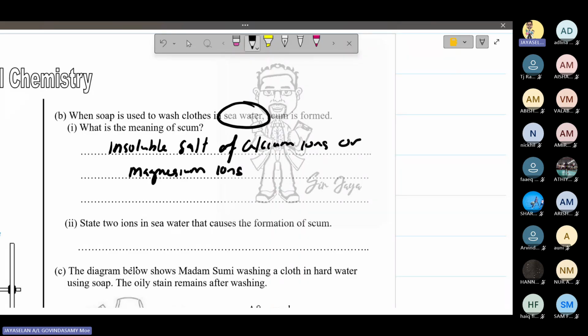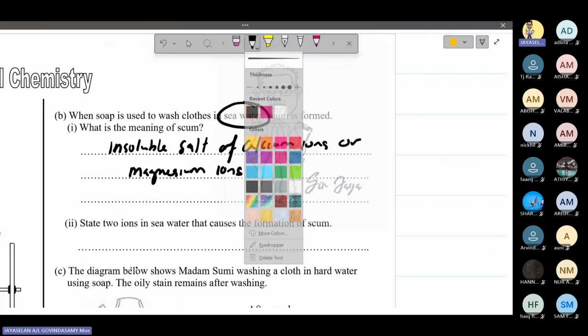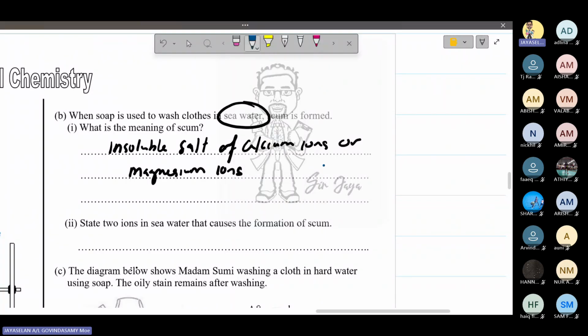Okay, can. Ataupun ikut Amirul. Scum is known as what? Is an insoluble salt from the reaction between calcium or magnesium ion with an ion of soap. Okay. Ini insoluble salt of calcium ion and magnesium ion. Sorry ini tambah sikit with an ion of soap. Okay, this is known as scum.